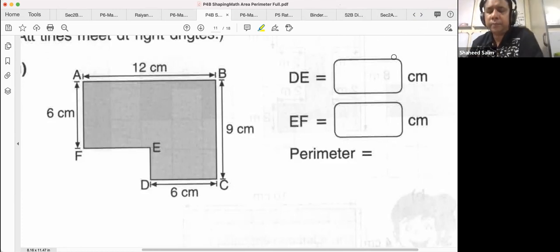Neris, cannot Neris? Putra can? What's your answer, Putra?